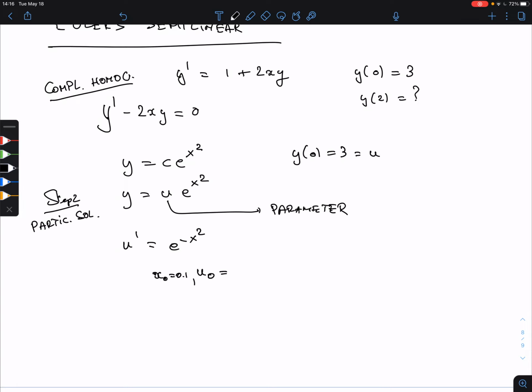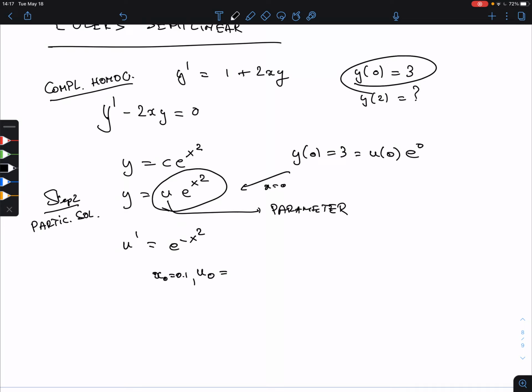That is u0 times e to the 0. So what I'm doing is I'm plugging in x equals 0, sorry, it's x that is 0, not y, right? So 0 here. I'm plugging x equals 0 into this formula, and I know this must be 3, that's the initial condition.